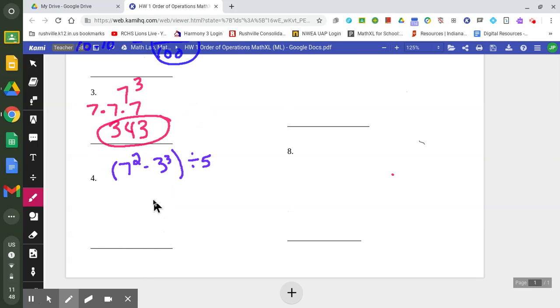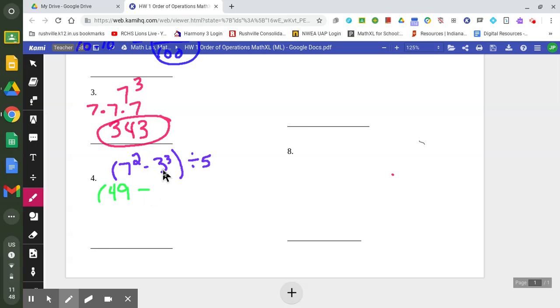Number 4 has parentheses and it has exponents. Remember, we do what's in the parentheses first, but inside those parentheses, we have the exponents. So we will do 7 squared, and it's still in parentheses. So 7 squared is 49 minus, and we have 3 cubed.